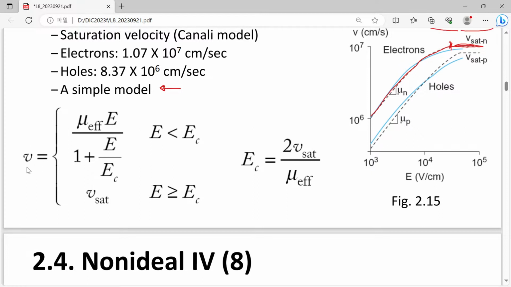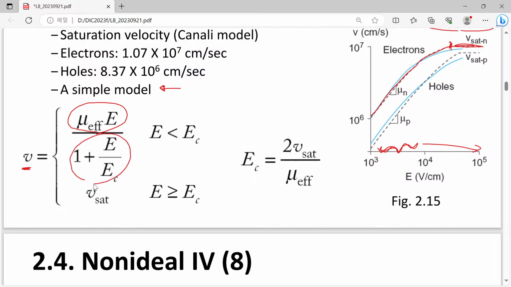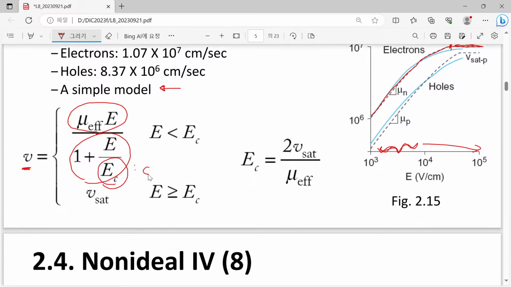So then, velocity is previously approximated as mu times the electric field, just a linear one, and this is only good for this region. It is good, but beyond this part we must have a modification, a simple modification of dividing it by 1 plus the normalized electric field, and this normalization constant is called the critical electric field, EC.